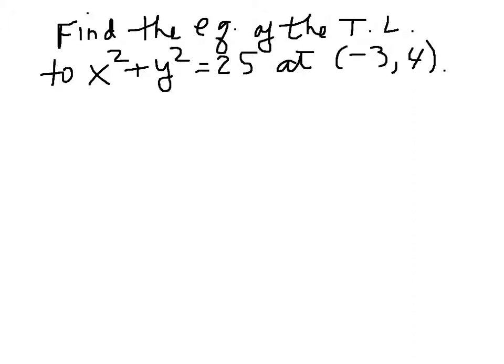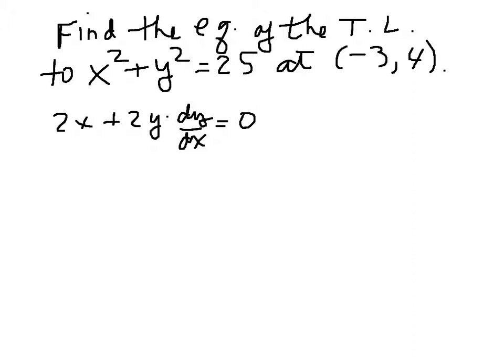So we take the derivative of each side with respect to x, and we get 2x plus 2y times dy dx is equal to 0. Now rather than solve for dy dx here, which I could do, a lot of times in questions like this, it's much easier to just put in the values for x and y and then solve for dy dx.